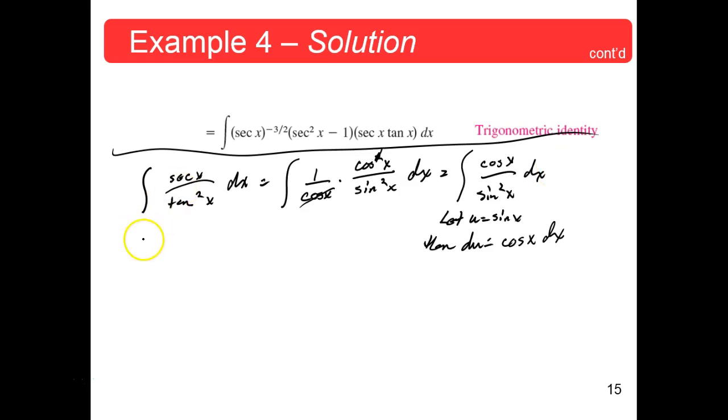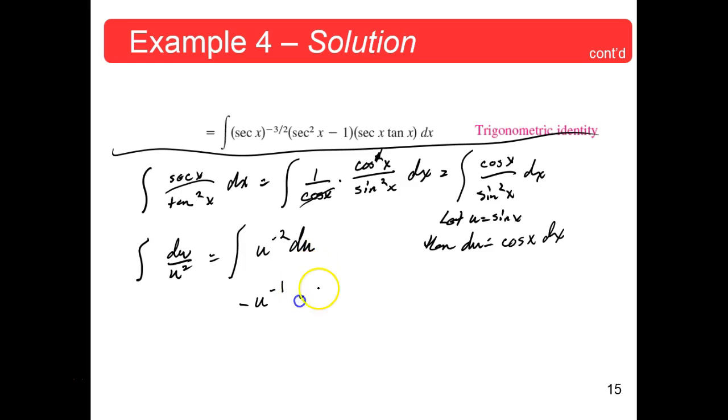So what do we have here? The integral of du over u squared, which I don't really like too much, so I'm going to rewrite it. u to the negative 2 du, and I think even I can probably integrate that. What would that be? Negative u to the minus 1.